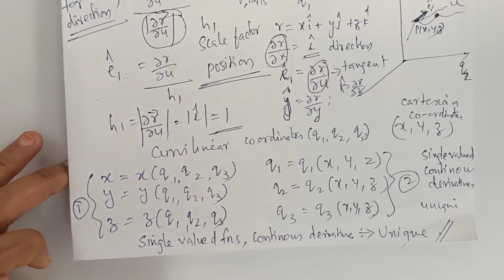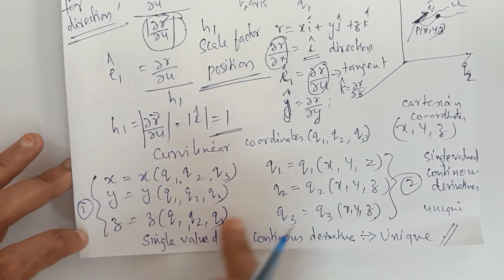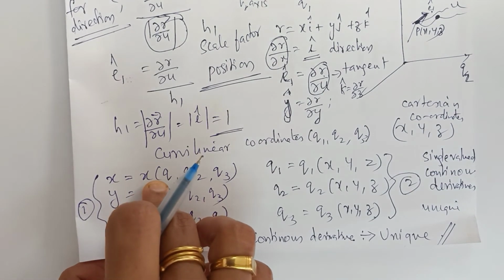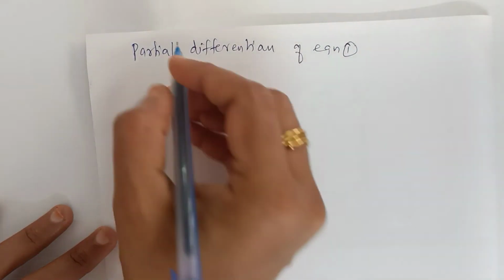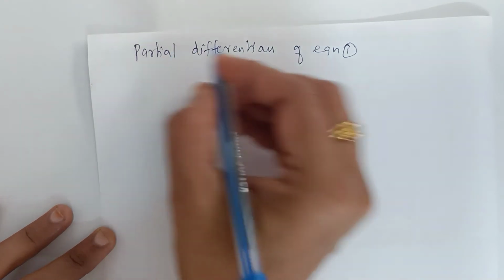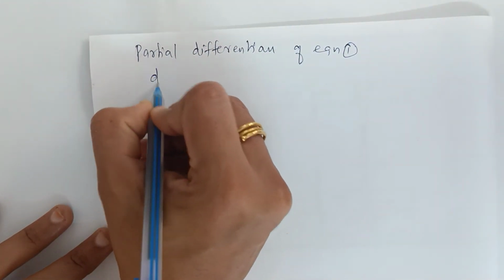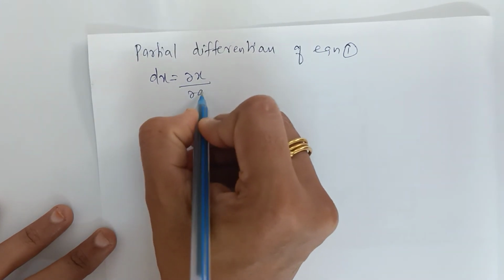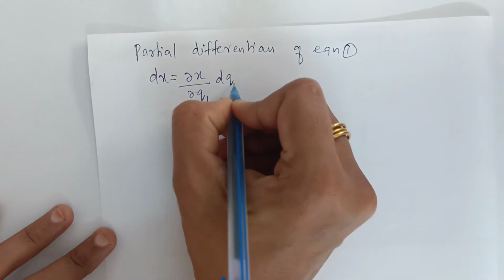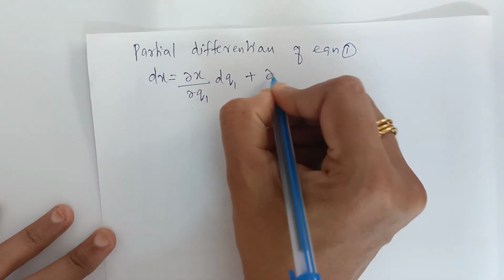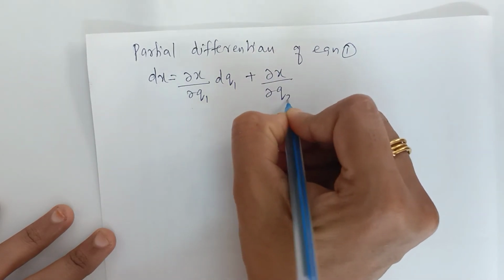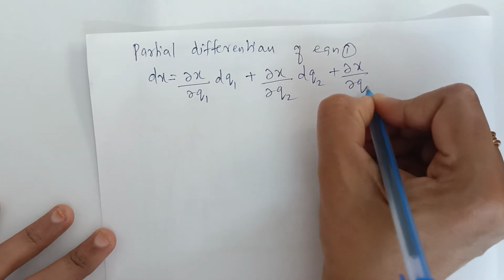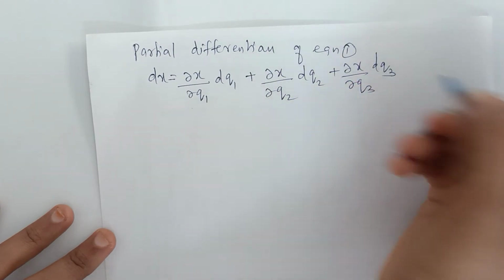Now let us take the partial derivative of equation 1. When we take the partial differentiation, we get dx equal to dou x by dou q1 into dq1 plus dou x by dou q2 into dq2 plus dou x by dou q3 into dq3.